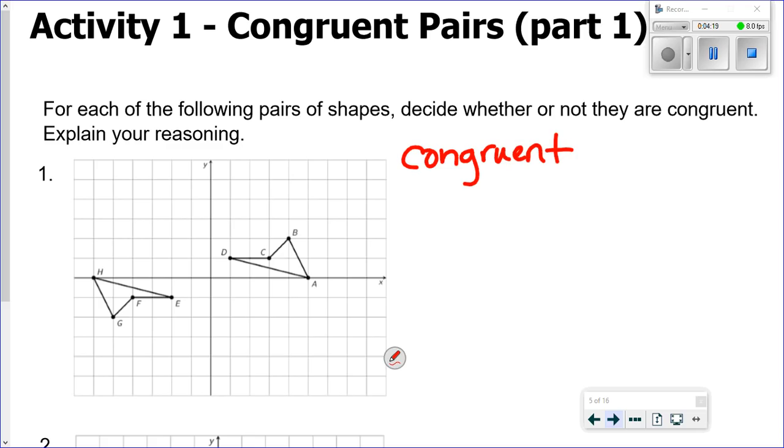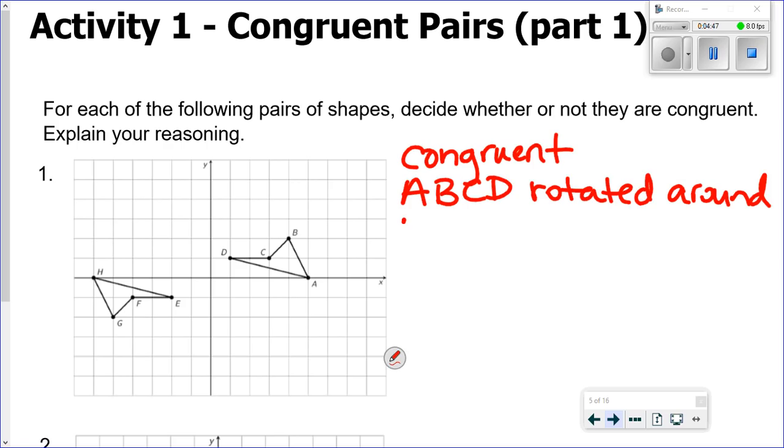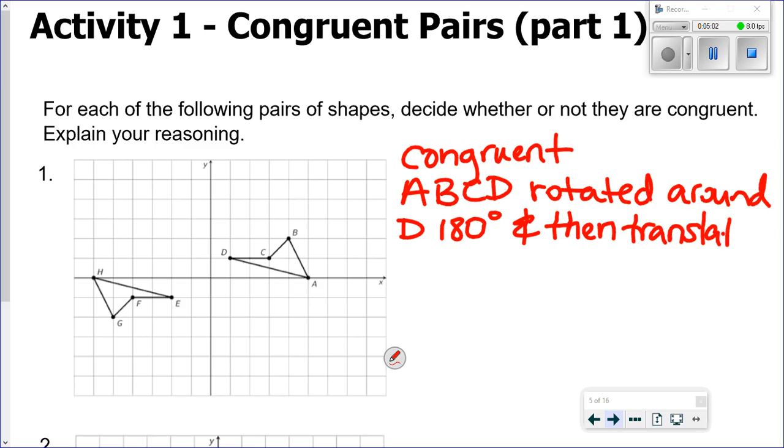We can prove congruency by stating that quadrilateral ABCD has been rotated around D 180 degrees, and then translated left 3 units, and down 2 units.